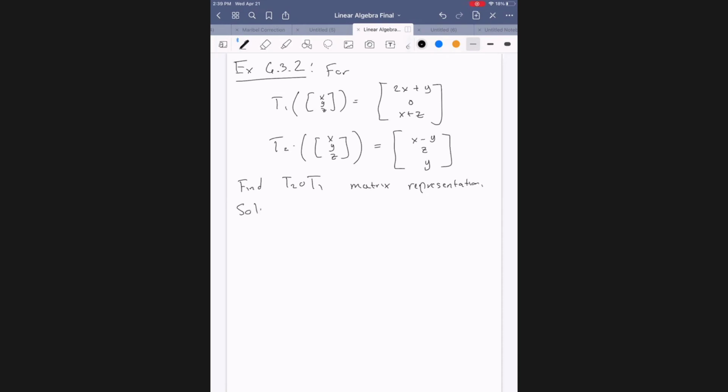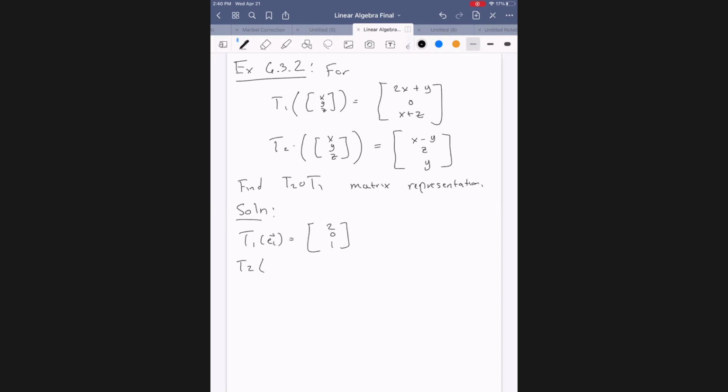Okay, solution. Well, by the way, what is this linear transformation between? The first one is from R3 to R3, the second one is from R3 to R3. So we're going to do T1 of E1, which is 1, 0, 0, and that gives 2, 0, 1.